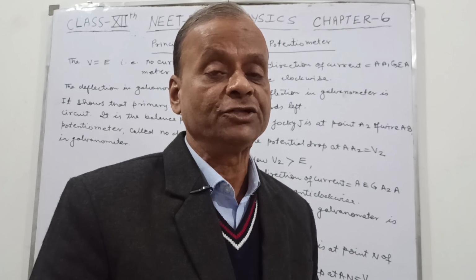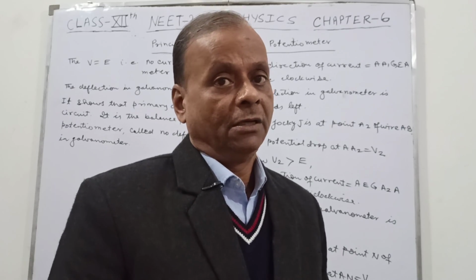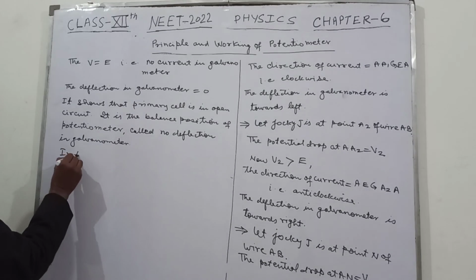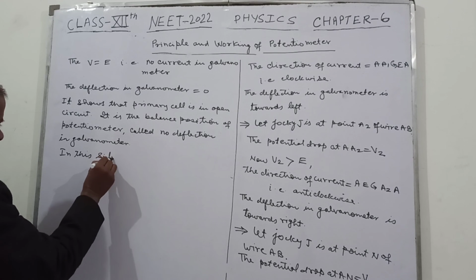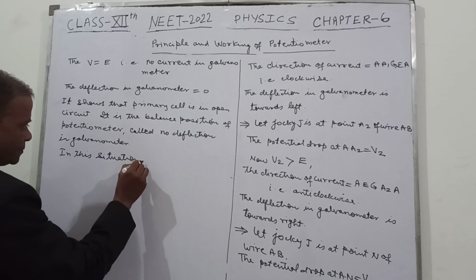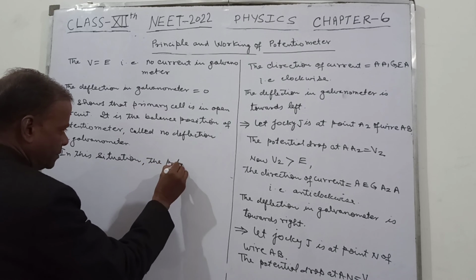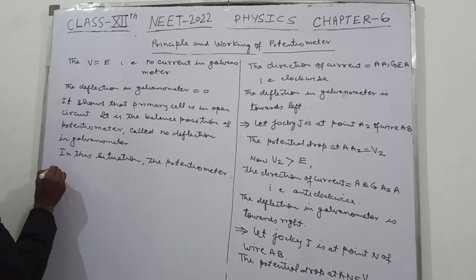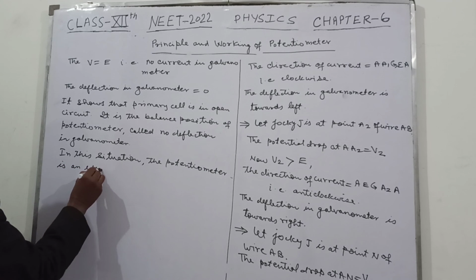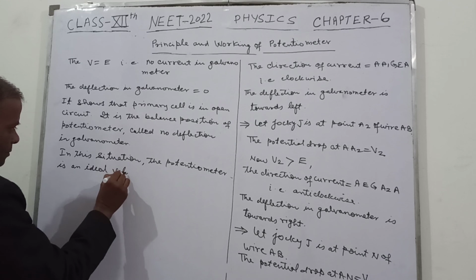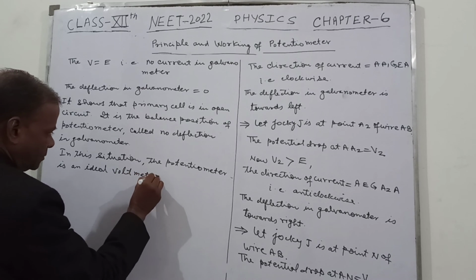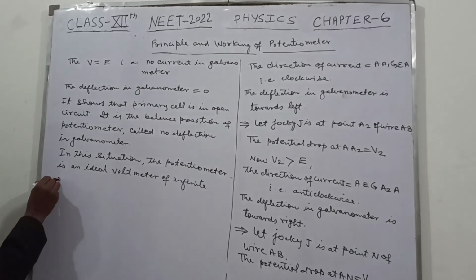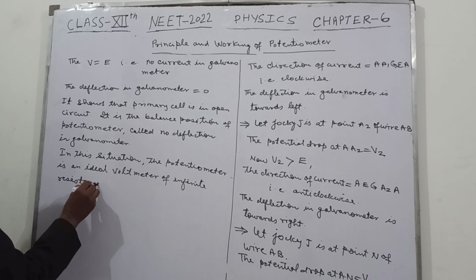At this time, this potentiometer behaves like an ideal voltmeter of infinite resistance.